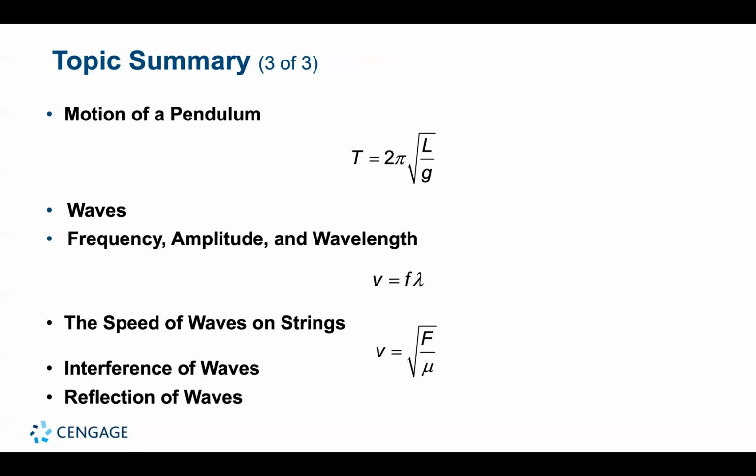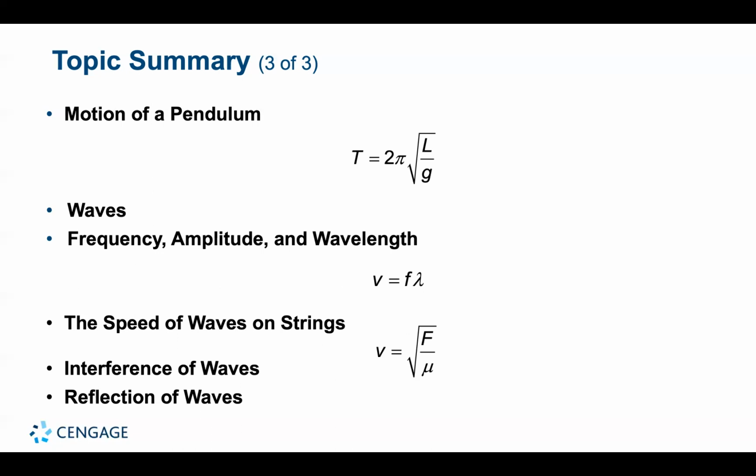For frequency, amplitude, and wavelength, the relationship among the speed, wavelength, and frequency of a wave is given here. The relationship holds for a wide variety of different waves. For the speed of waves on strings, the speed of a wave traveling on a stretched string of mass per unit length μ and under tension F is given here.